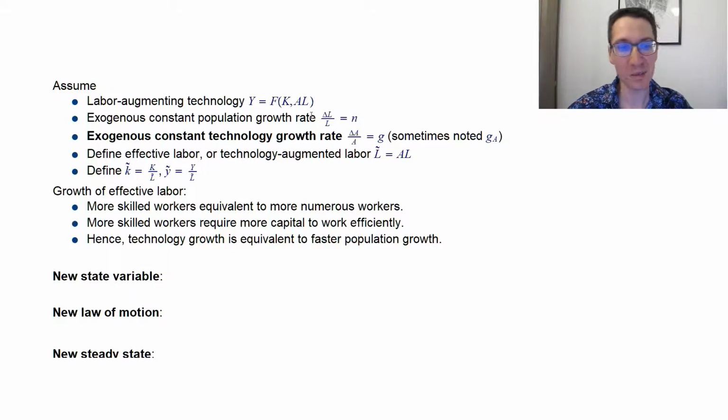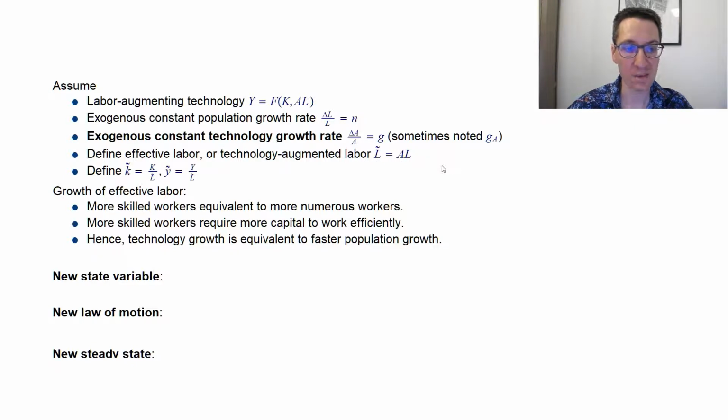We keep the same exogenous constant population growth rate N. And now, instead of having essentially A equal to 1 and being stable over time, we are going to allow A to change and make our lives easy by assuming that it's an exogenous constant technology growth rate, delta A divided by A, which we will simply note G. So G is some positive constant. Also, we could note it G of A, but know that if it's just G, then it's just the growth rate of technology by itself.